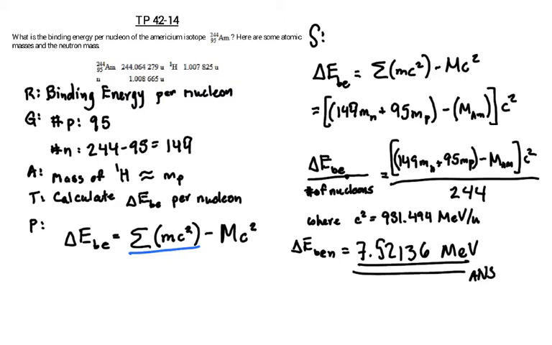And you might be wondering, why are we calculating the total binding energy per nucleon? Well, it gives us a feel for how well packed the nucleus is. The tighter packed it is, the harder it is to separate those nucleons into individual particles, or even just separate it into 2 or 3 or 4 daughter particles.